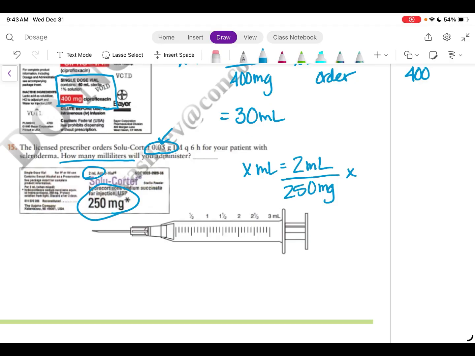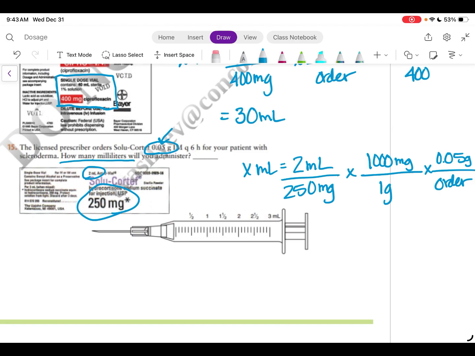Because my question is in grams, I know I have to convert. And I'm just going to do it within my dimensional analysis, right? So this is a milligram, so whatever I put next has to be milligrams. This is where I throw in my conversion. 1,000 milligrams is 1 gram. And then we will multiply 0.05 grams, which is our order.